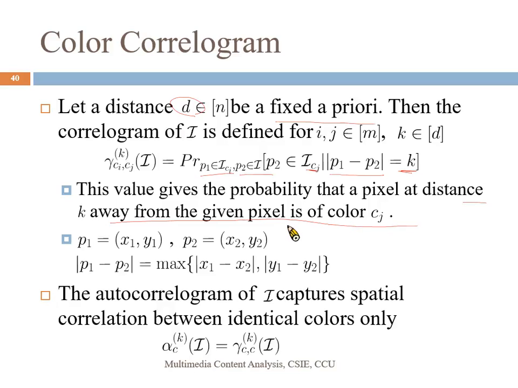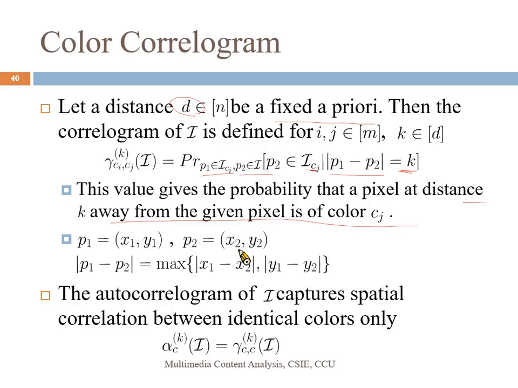So it not only describes the number of pixels with some specific color, it also describes the spatial distance between two specific colors.